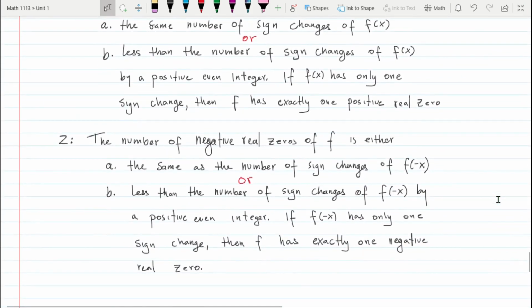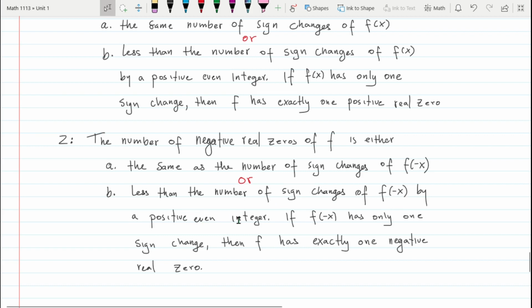Part 2 of the rule of signs says the number of negative real zeros of f is either the same as the number of sign changes of f evaluated at negative x. So you have to plug in negative x into the function f to determine the negative zeros. And as with part 1, or less than the number of sign changes of f at negative x by a positive even integer.